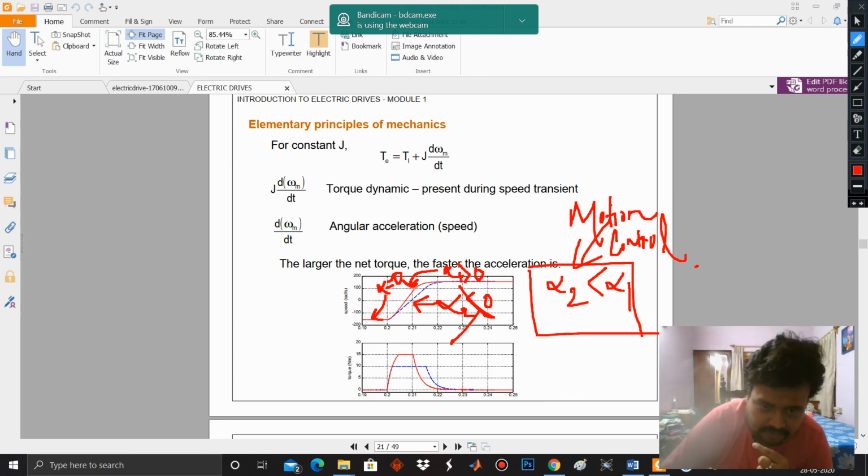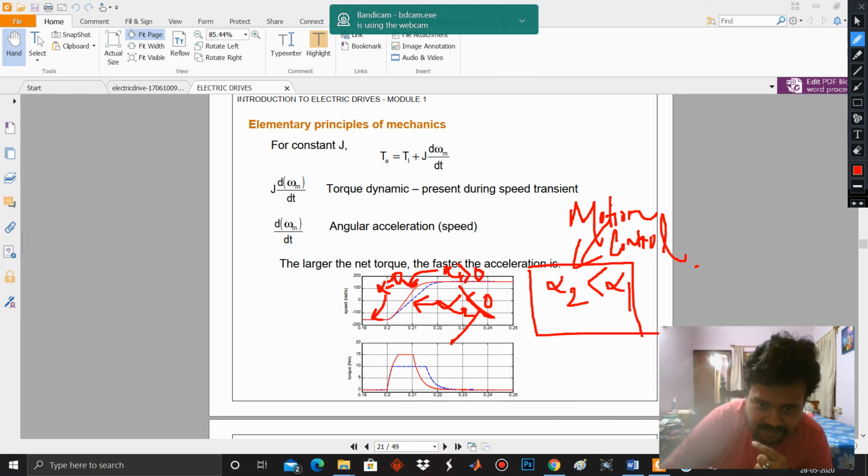So you see now, let us analyze the torque which is being obtained corresponding to these speeds at different points of time. Here you see the speed is constant in this particular region. The torque is also constant.